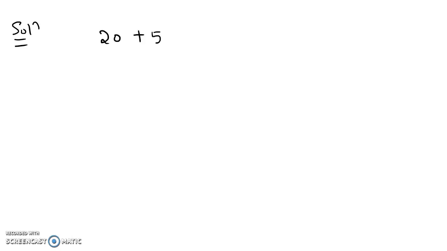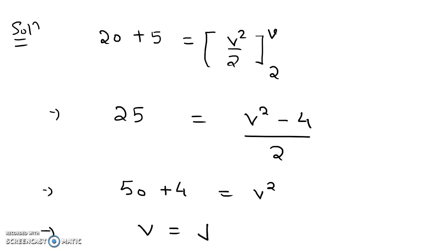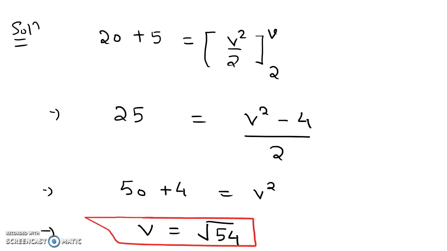And the integral of v dv is v square by 2, with limits from 2 to v. Now you can solve it: 25 equals v square minus 4, divided by 2. I hope I'm doing it right; you can check the calculation afterwards. So velocity is root 54 here. This is getting easier once you know how to use it. So velocity is root 54.